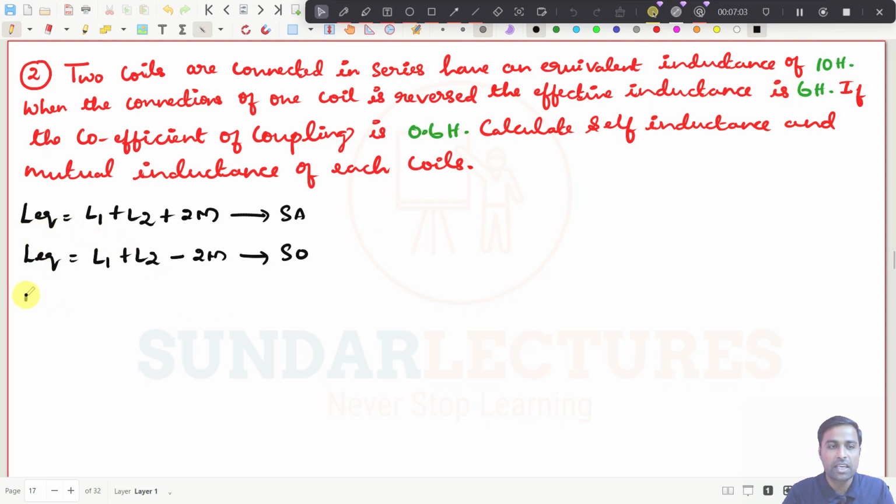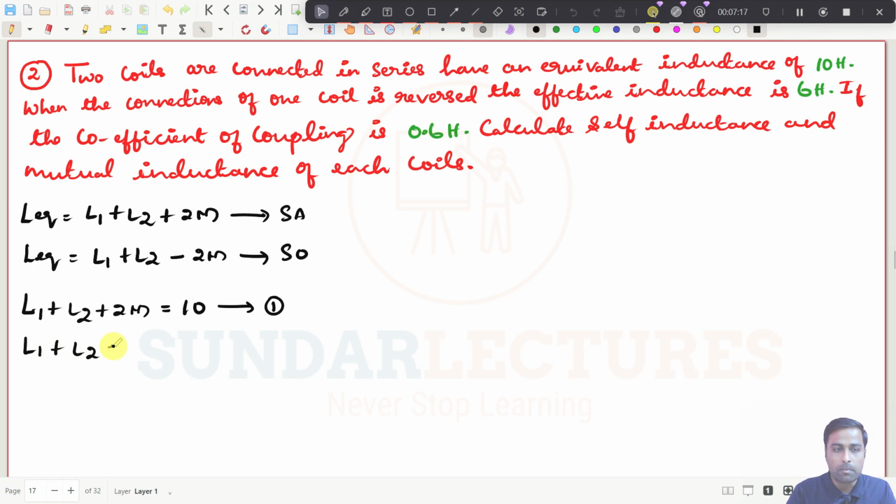So if I write the equation, L1 plus L2 plus 2M is equal to 10 Henry. This is expression number 1. And L1 plus L2 minus 2M is equal to 6 Henry. This is expression number 2.